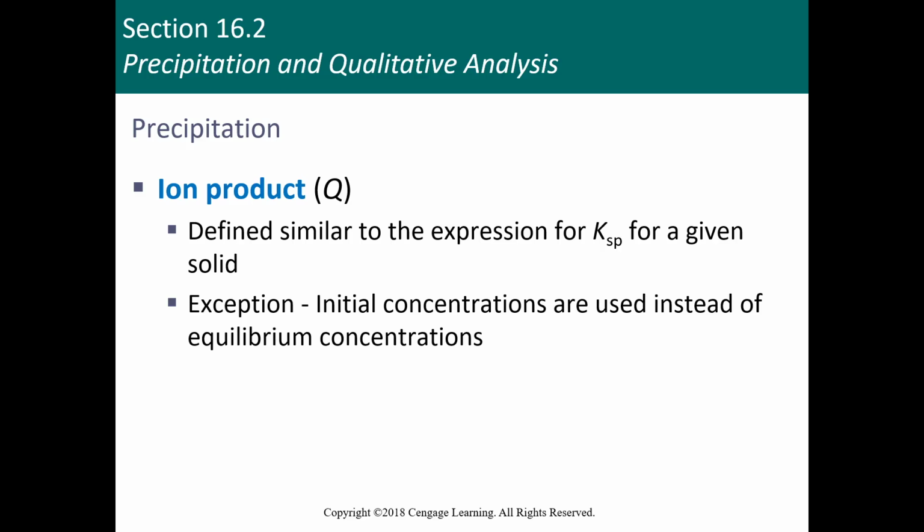So it will have the initial concentrations that you use instead of your equilibrium concentrations. You can really plug any concentrations you want here. Typically that's going to be your initial concentrations. So remember, the ion product, which is Q, is going to be the non-equilibrium KSP, right?